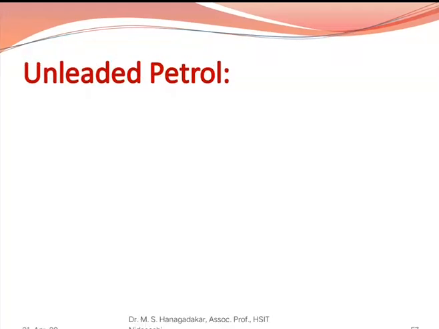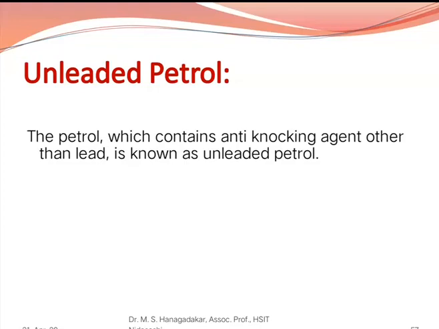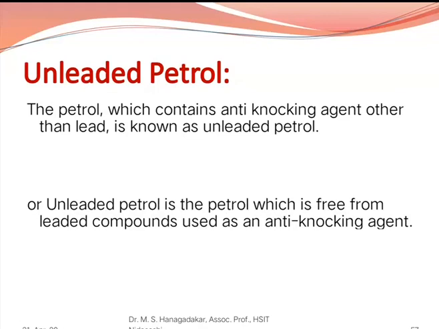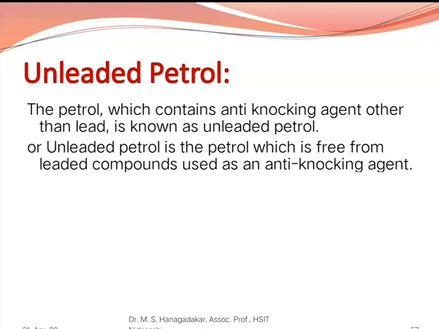Now let us discuss what unleaded petrol means. As you know, the petrol available in the market now is called unleaded petrol. So what is meant by unleaded petrol? The petrol which contains anti-knocking agents other than lead compounds is called unleaded petrol, or unleaded petrol is one which is free from leaded compounds used as anti-knocking agents.